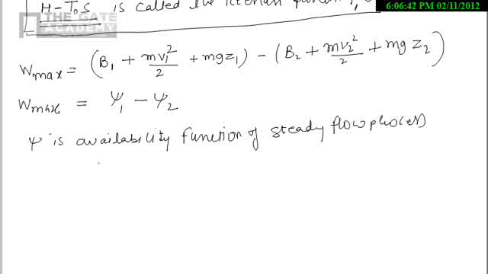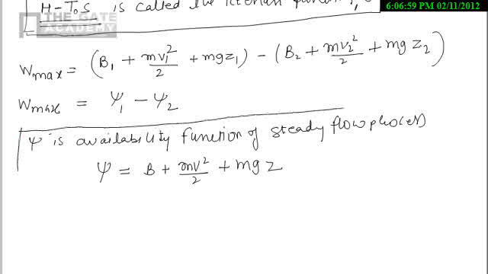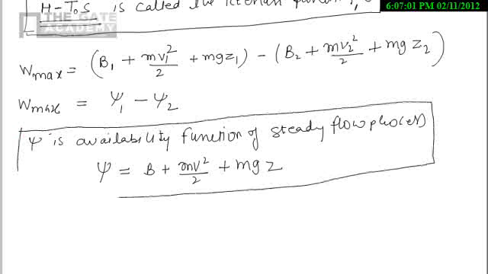So now we can define psi as nothing but B, that is the Keenan function, plus m v square by 2 plus m g z. So the Keenan function is important, as well as for the steady flow process the availability function psi, that is nothing but B plus m v square by 2 plus m g z.